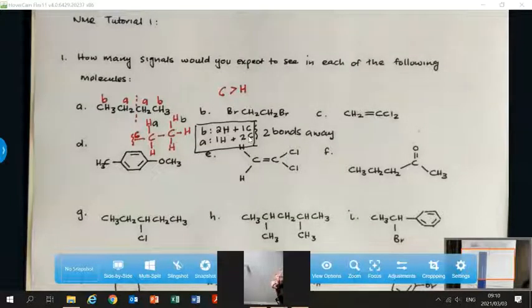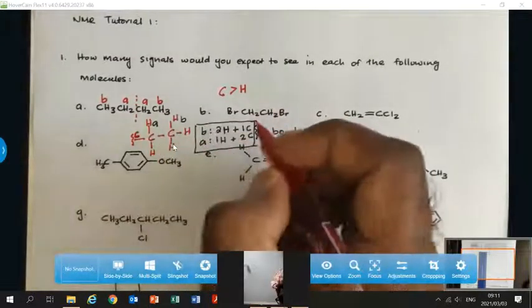So these 2 will de-shield or withdraw the electrons from the signal much more in A than in B, right? So that carbon here and this carbon here are going to take the electron density away from A. But here in B, I've only got a carbon 2 bonds away that can take electron density away from B. So I'm going to expect A to be more de-shielded and B to be shielded, right?